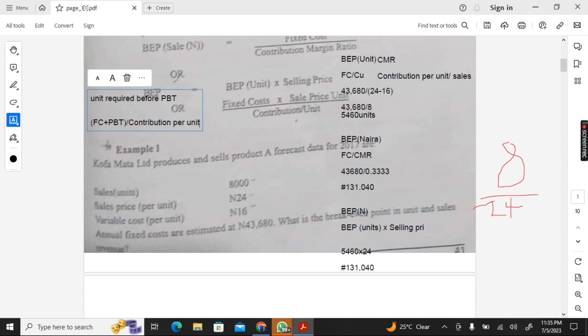So this is how we calculate our profit before tax. That's units required for profit before tax.